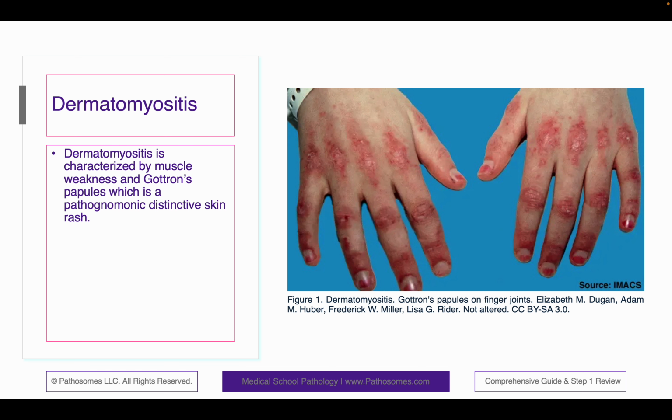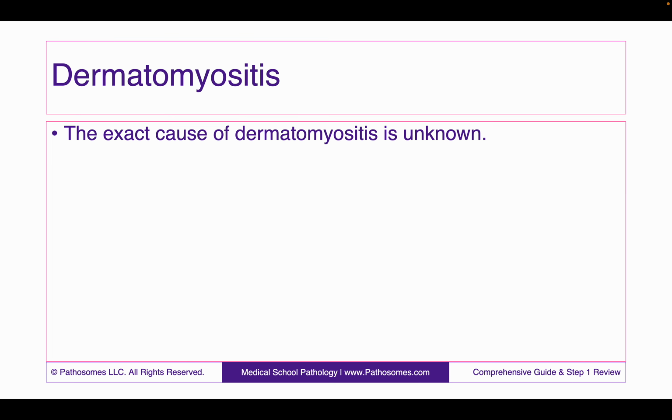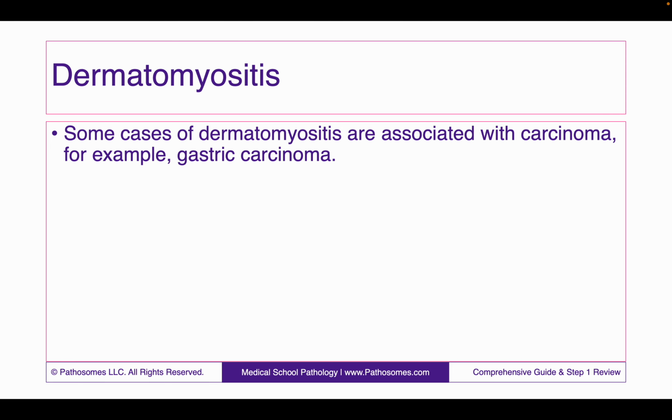Dermatomyositis is characterized by muscle weakness and Gottron's papules, which is a pathognomonic distinctive skin rash. The exact cause of dermatomyositis is unknown. Some cases of dermatomyositis are associated with carcinoma, for example, gastric carcinoma.